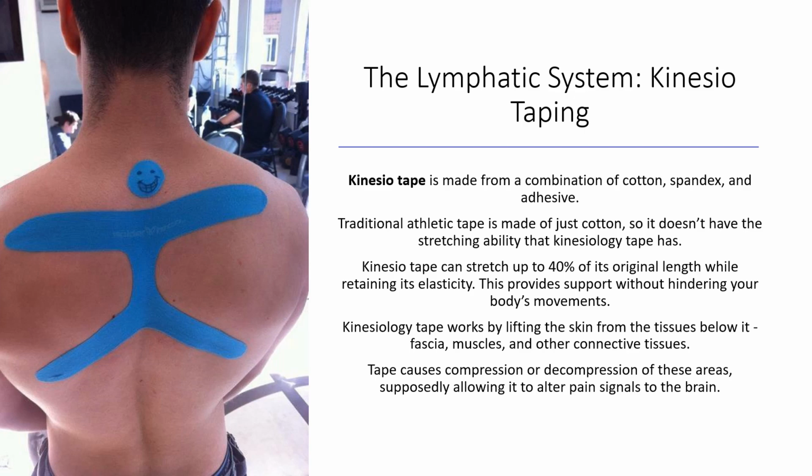The kinesiotape works by lifting the skin from the tissues below it, the fascia, the muscles and the other connective tissues, pulling you into a desired position or form. Tape causes compression or decompression of these areas, supposedly allowing it to alter the pain signals or the feeling signals to the brain, as I've just alluded to.